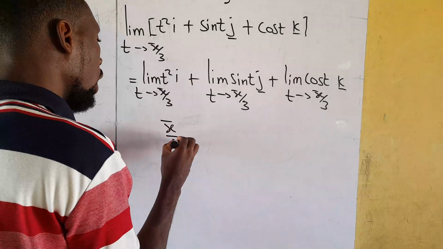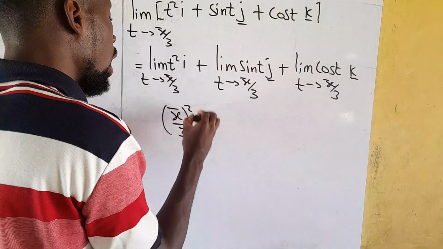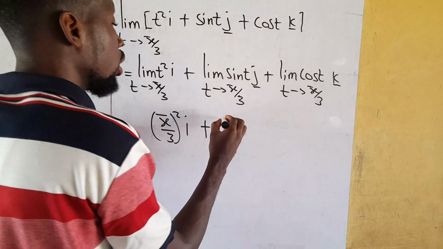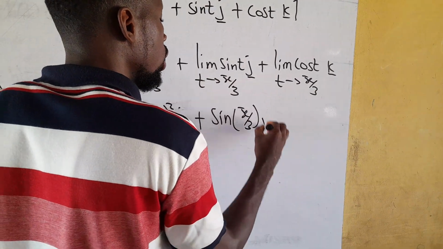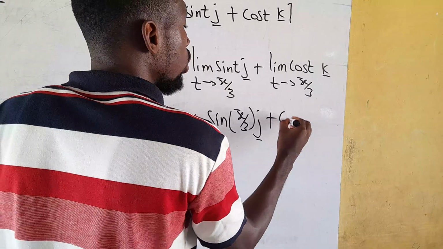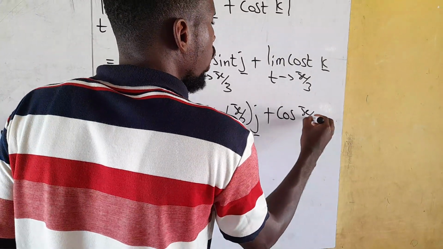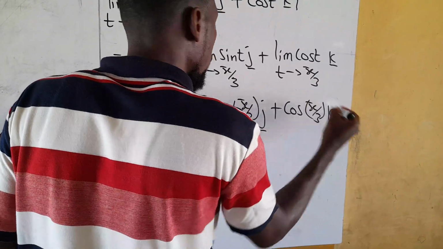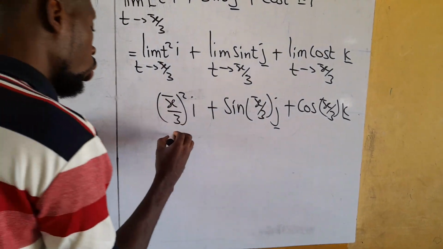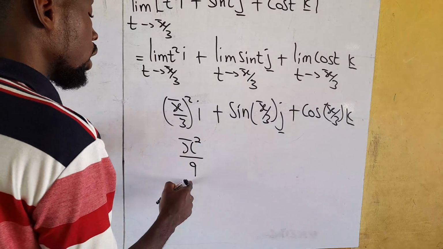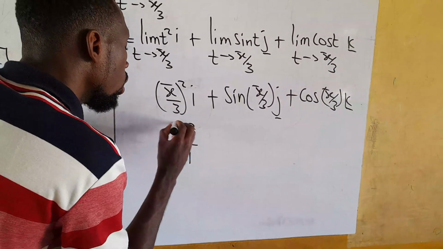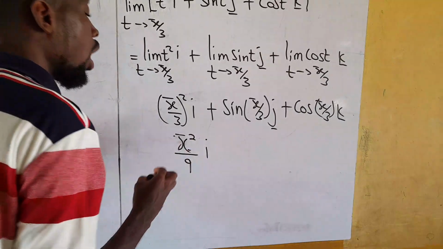So what we have, we just have to substitute. We have (pi over 3) all squared i plus sin pi over 3 j plus cos pi over 3 in the direction of k. So we have pi squared over 9, since 3 squared is 9, in the direction of i.